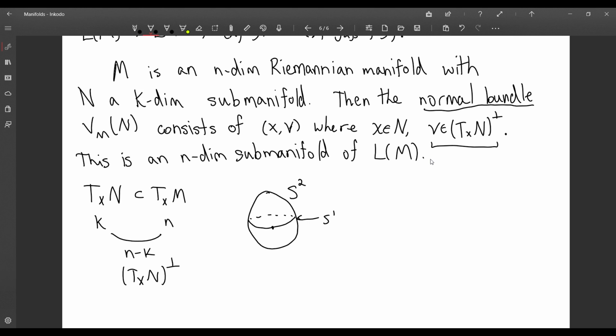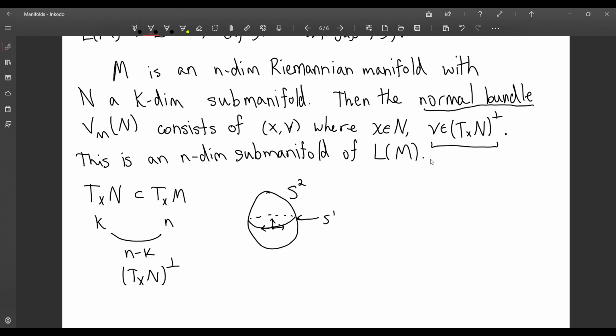If we look at S1, the tangents are going to be just these vectors which keep you inside of N. If I travel along this vector, I'm going to stay inside of this S1 submanifold.